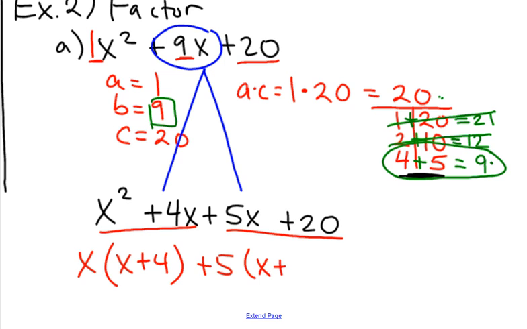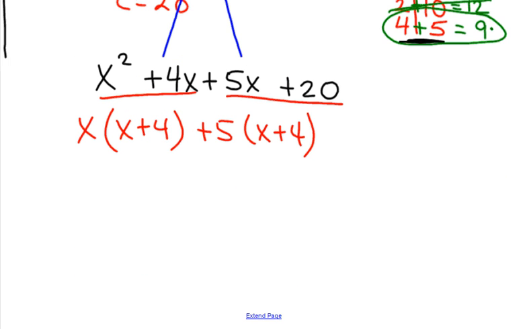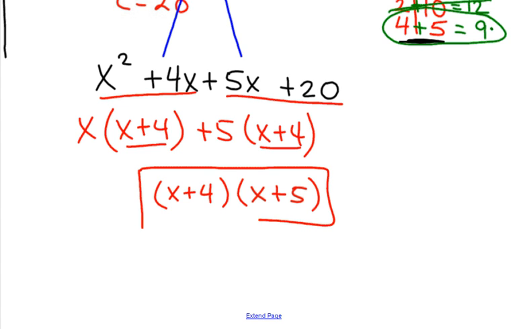Factor that out and you also get x plus 4. Reminder with grouping, you want those two to be the same. So then you have factors of x plus 4 times x plus 5, and that is your answer. Okay, so we just factored that trinomial into 2 factors of binomials. Now, you can always check.